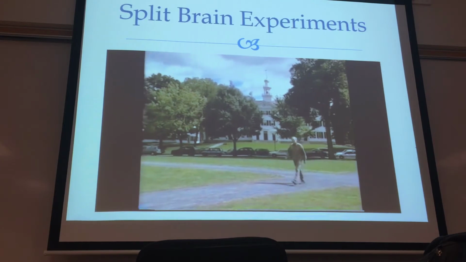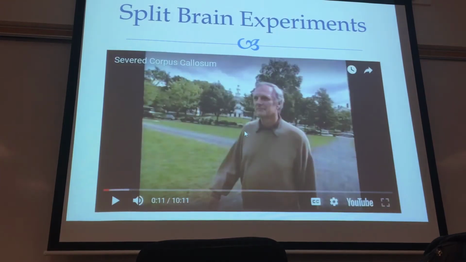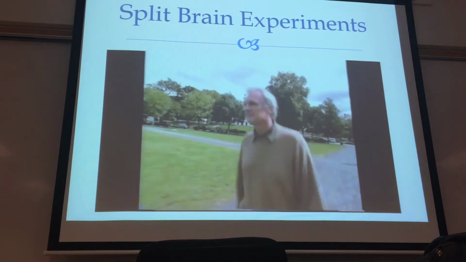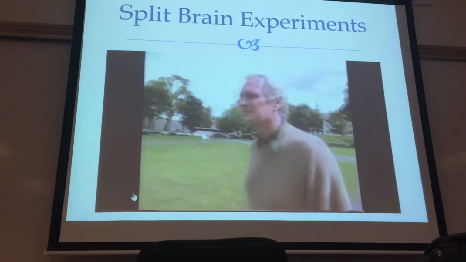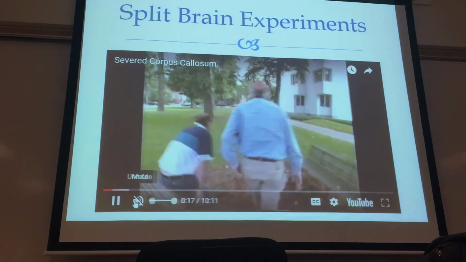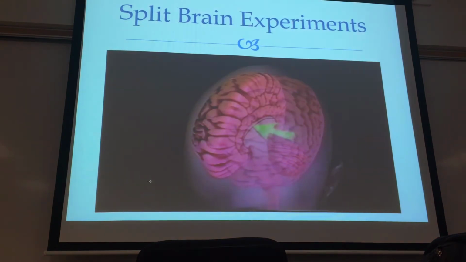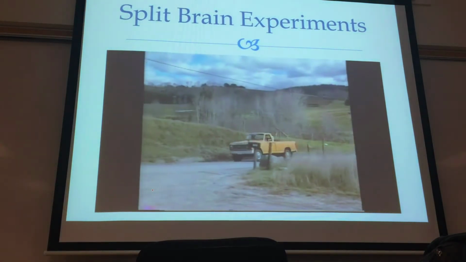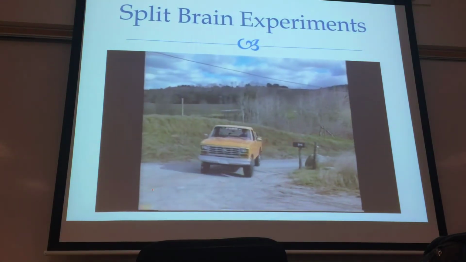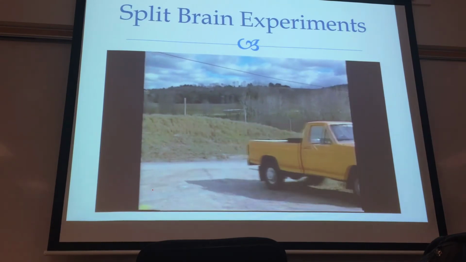We began our journey into the human brain here on the campus of Dartmouth College in New Hampshire. The surgery stopped the storms that caused his seizures, but it also prevented the left and right halves of his brain from communicating with each other. In the years since the operation, Joe's epilepsy has been under control.